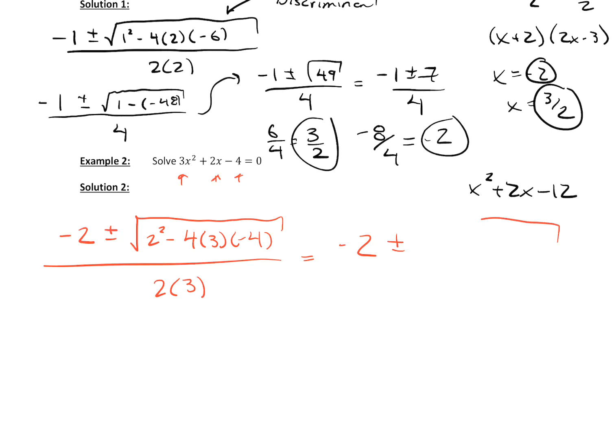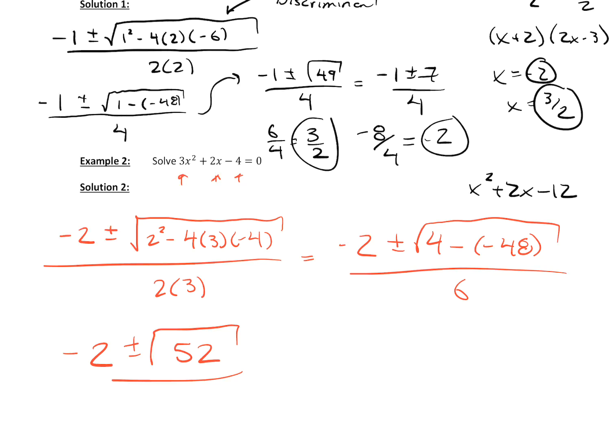So negative 2 plus or minus 4 minus negative 48 all over 6. So I think I might have made a multiplication error here. No, that looks good. So now negative 2 plus or minus root 52 all over 6.